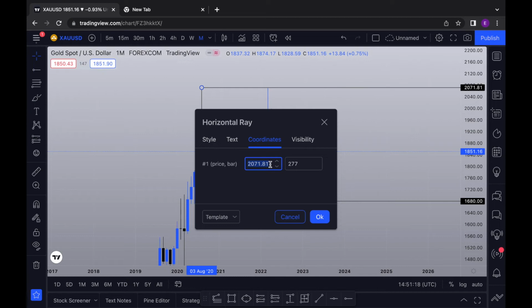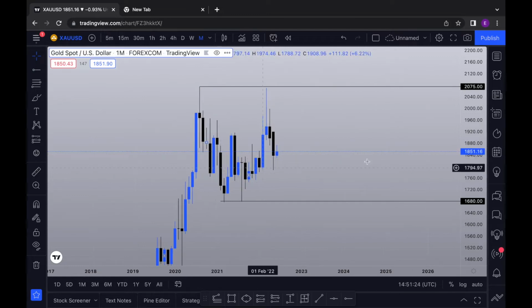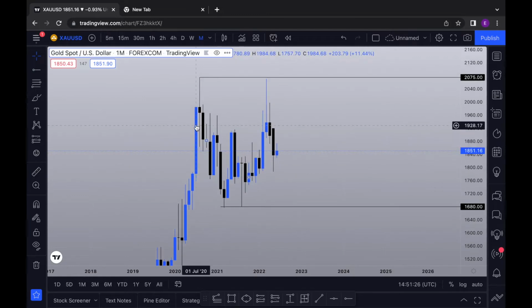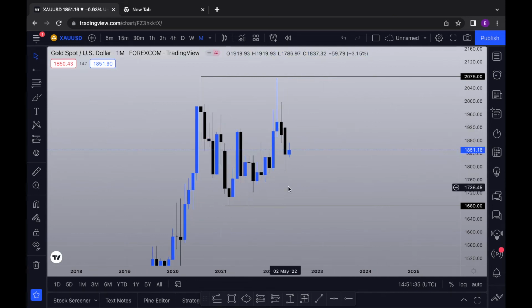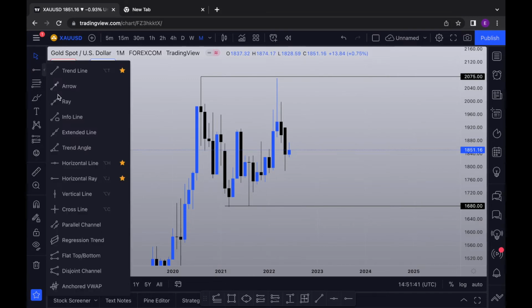I could decide to make this 2075, a random number. So the next step I'll be looking at now is where this market has done some good rejections. If you look at gold here, we have a rejection here.